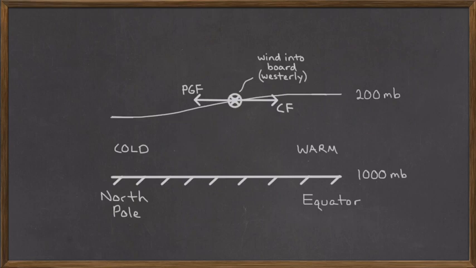Now, one thing I should note about this is that in reality, as I've drawn this, the contrast between the higher heights at the equator and the lower heights at the poles is fairly gradual. But in reality, it often tends to be a lot more concentrated than that.